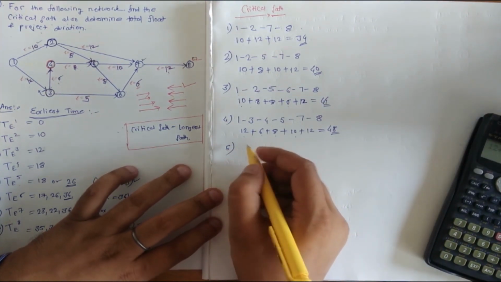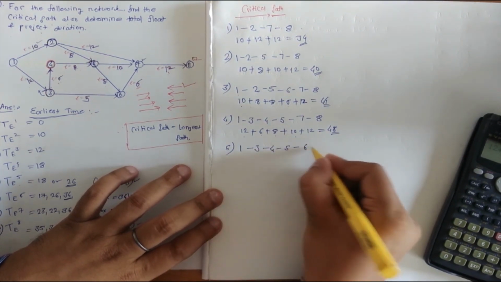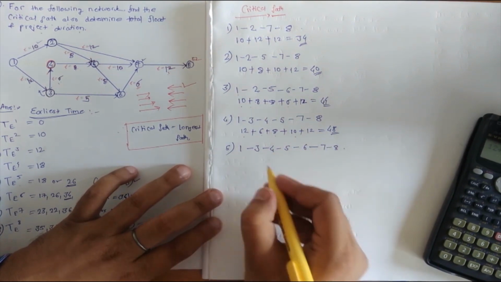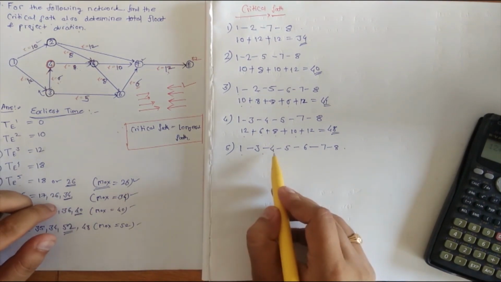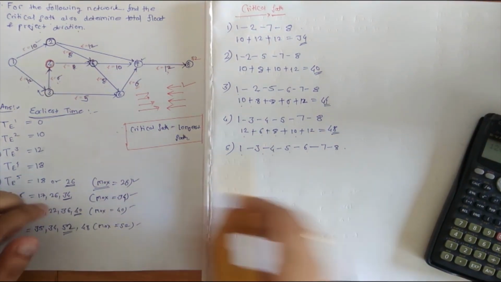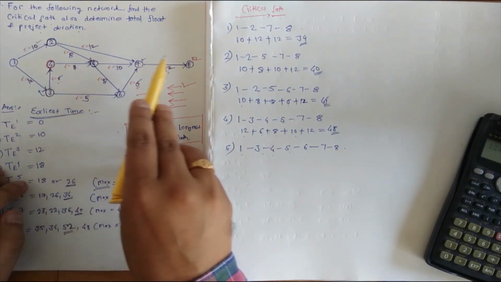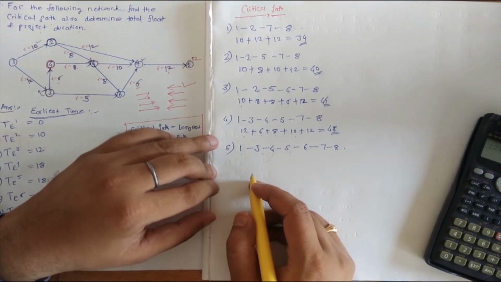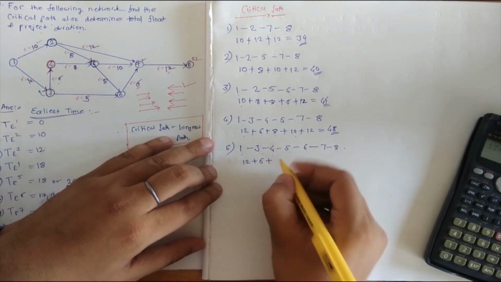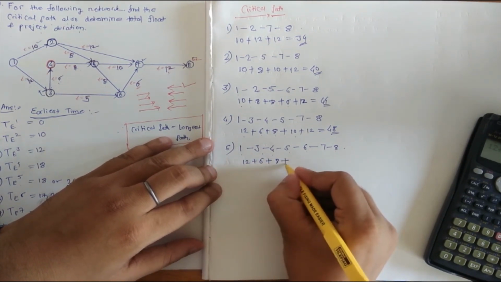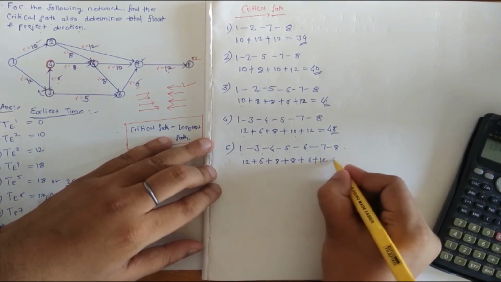The next path will be 1, 3, 4, 5, 6, 7, 8. So from 1 to 3 we have 12, plus 3 to 4 we have 6, 4 to 5 we have 8, 5 to 6 we have 8, 6 to 7 we have 6, and 7 to 8 we have 12.